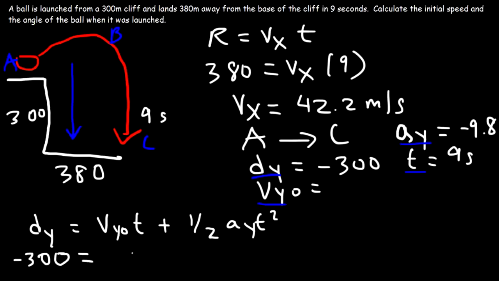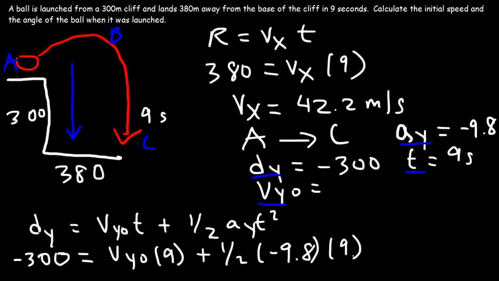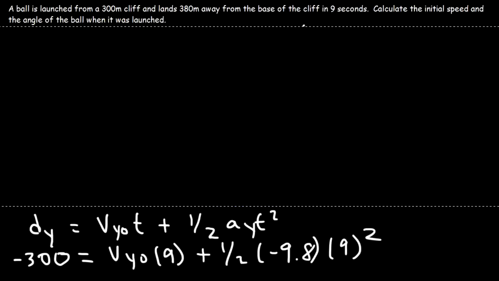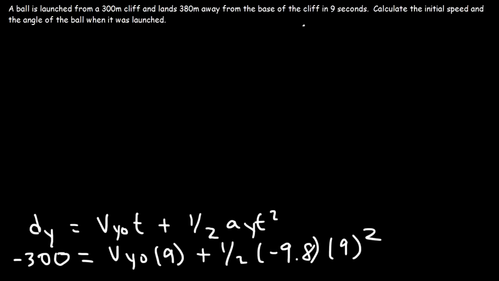We need to find Vy initial. The time it takes to go from A to C is 9 seconds. And a is negative 9.8. So now what we need to do is solve for Vy initial. Now let's keep in mind Vx is 42.2.